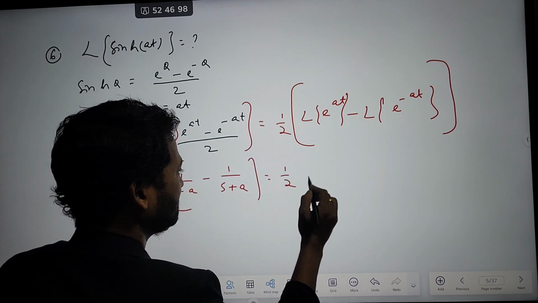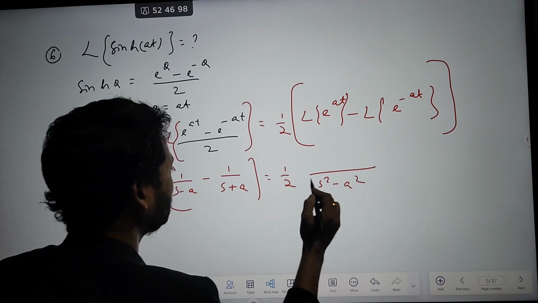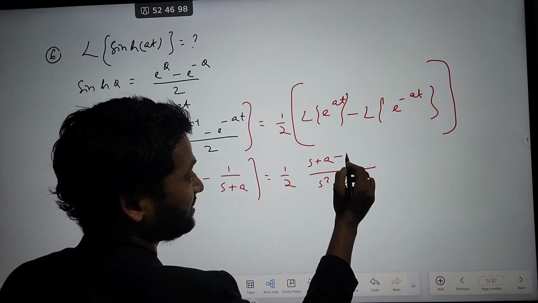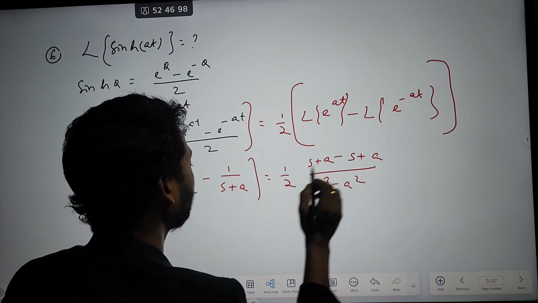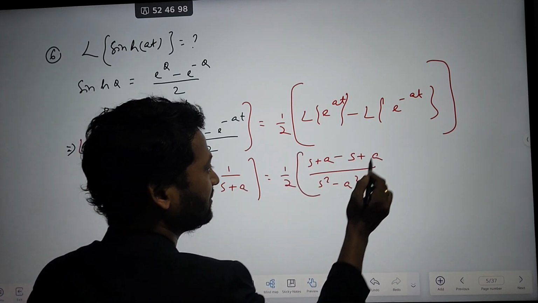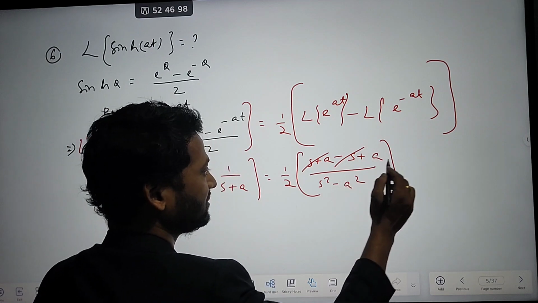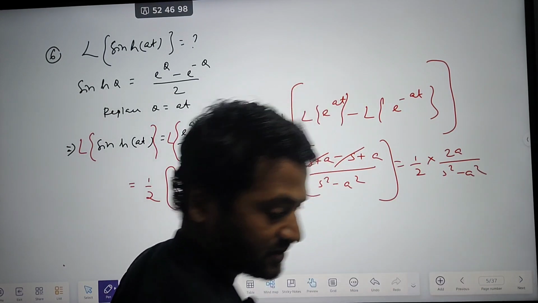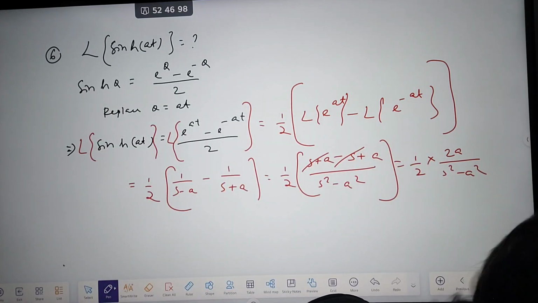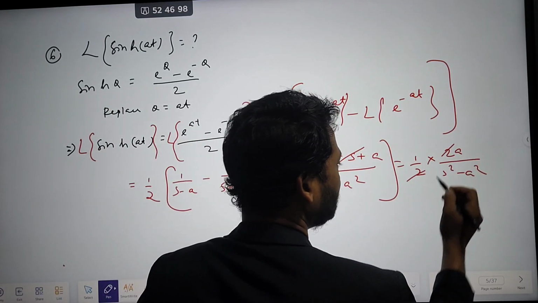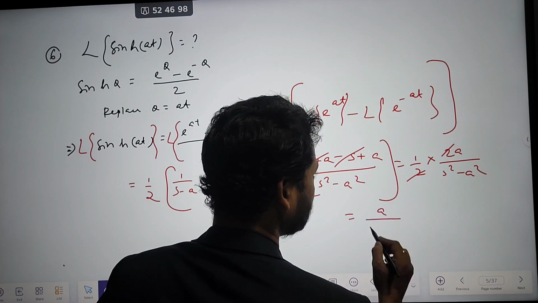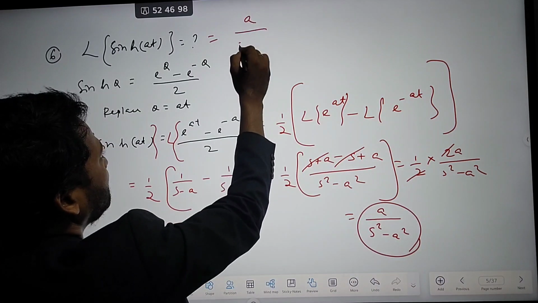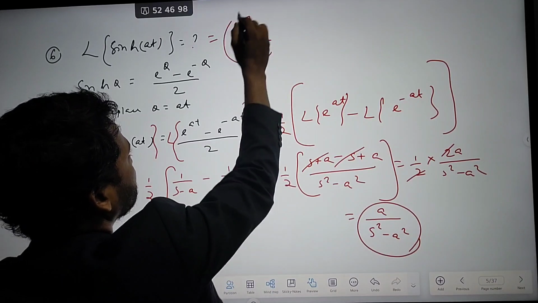So it will be LCM s square minus a square, so it will be s plus a minus of s minus a, meaning again s plus a. Open the bracket, then s will be cancelled, so it is half into 2a by s square minus a square. Okay, 2 will be cancelled, so your final answer is a by s square minus a square. The final formula is a by s square minus a square. Done?